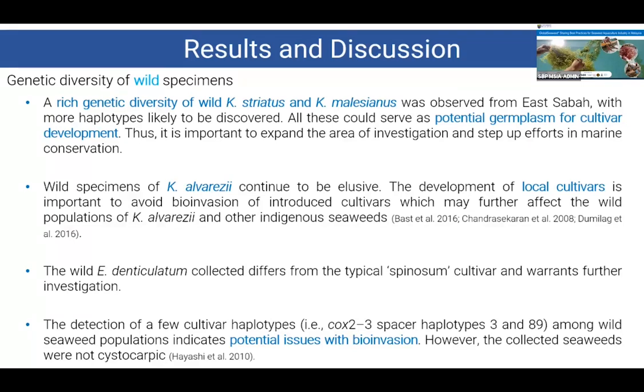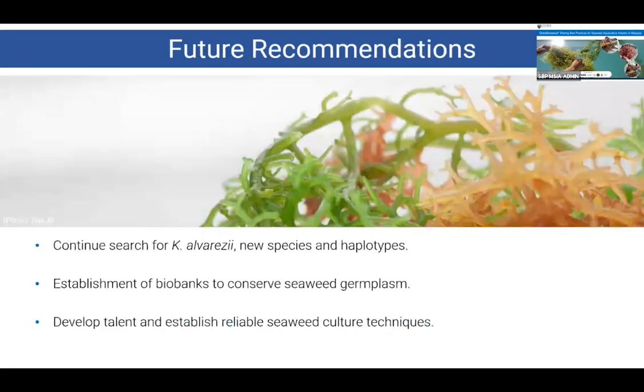Also, the wild Eucheuma denticulatum haplotypes collected in Malaysia differ from the commercial spinosum cultivar and could be investigated further. Although not elaborated due to time constraints, a few cultivar haplotypes were actually detected among wild populations in this project, which may indicate potential issues with escaped seaweeds from farms. Although these seaweeds were not cystocarpic, further studies should be done to ensure that this is truly the case.